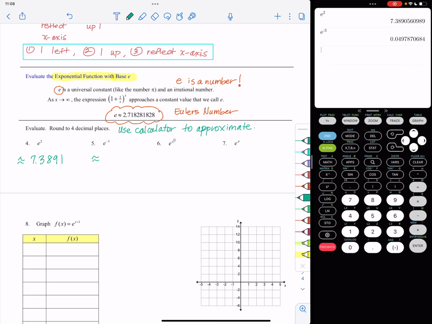And that's approximately 0.498. And then we have e raised to the root 7, and that's approximately 14.094.